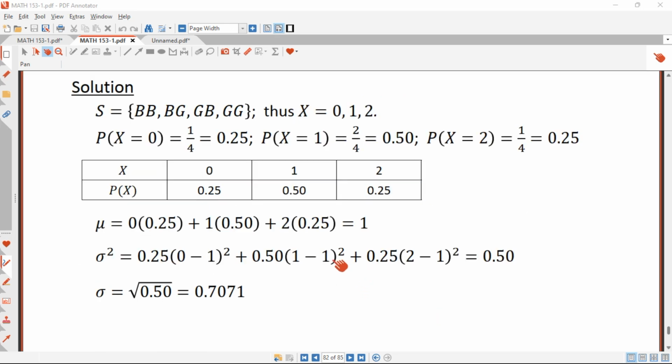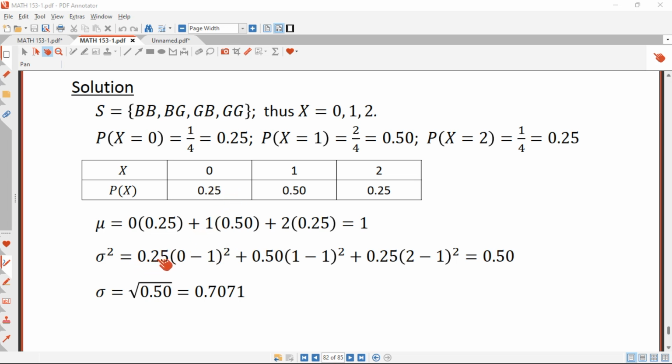What about the variance? The variance is the summation of x, that's the random variable, minus the mean. So here when you come here, you are going to take a random variable, that's 0. So 0 minus the mean, which is 1, all squared, times the respective probability, which is 0.25.